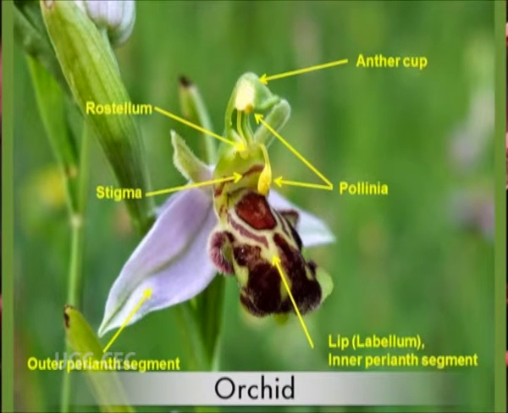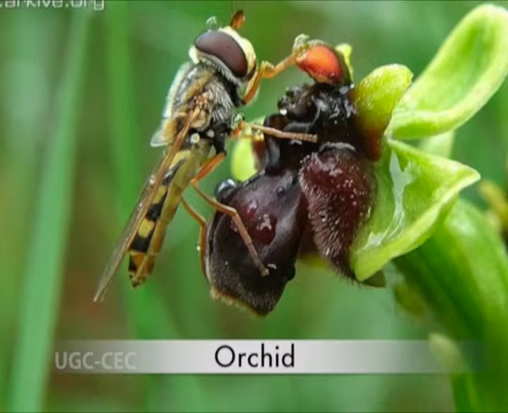The head of the bee pushes against the stigma in this process, and the pollinia on top of the stigma get stuck to the forehead of the bee with their sticky discs. When the bee visits another flower and similarly brushes against the stigma, the pollinium gets stuck to the stigma, carrying out pollination.